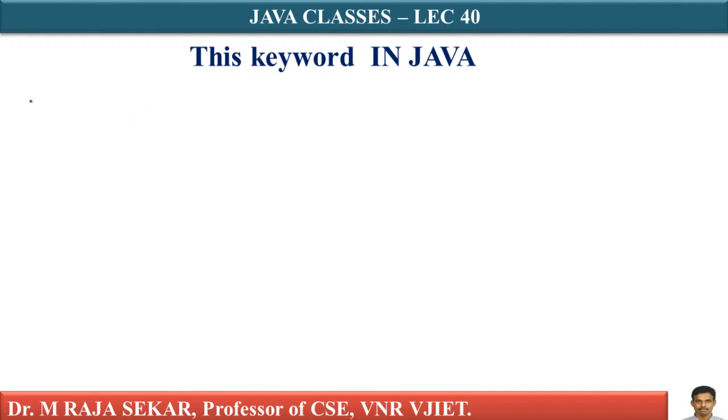Let me say a few words about this particular keyword. First point: what is this? It is a keyword. We know what a keyword is. A keyword has some predefined meaning, which cannot be altered or changed. this is a keyword of the Java programming language.